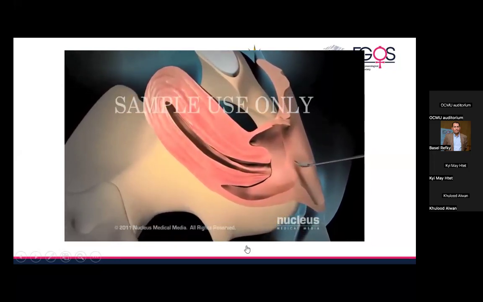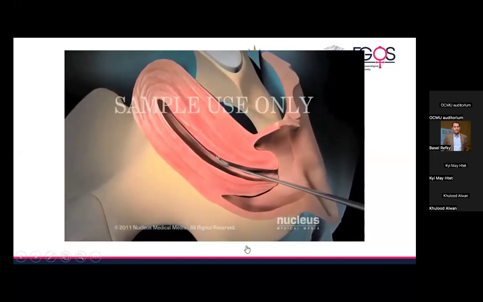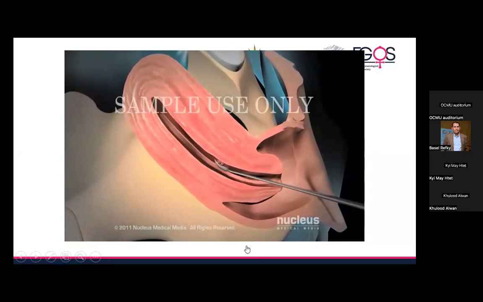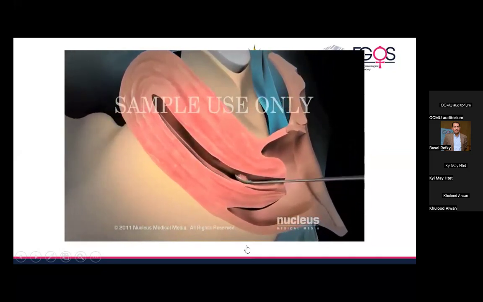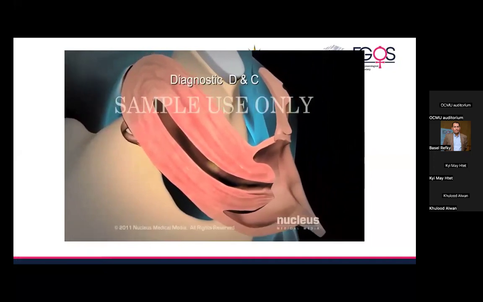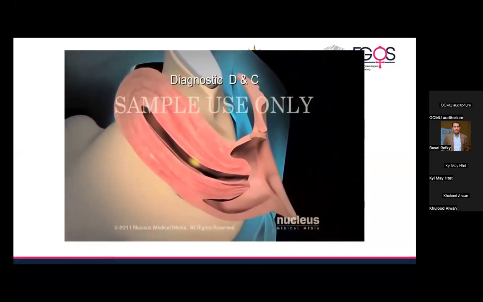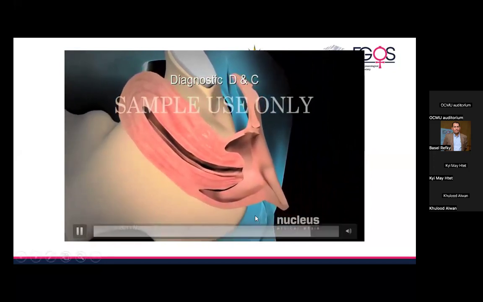During curettage, a surgical tool called a curette will be inserted to remove tissue by scraping or suction. If you are having a diagnostic DNC, your doctor will remove only a small sample of the endometrium and send it to a lab to test for various conditions.